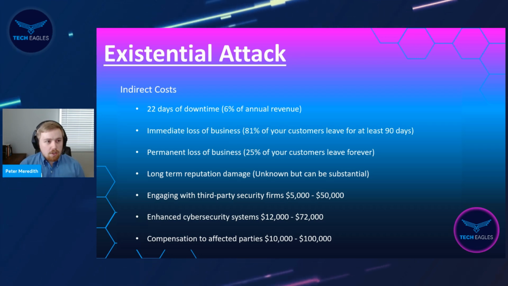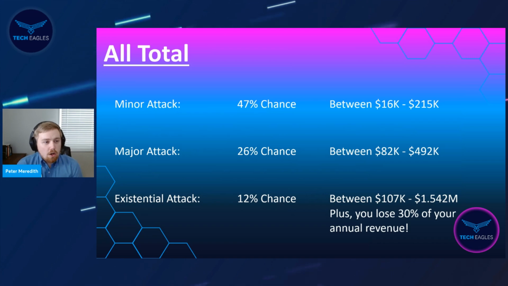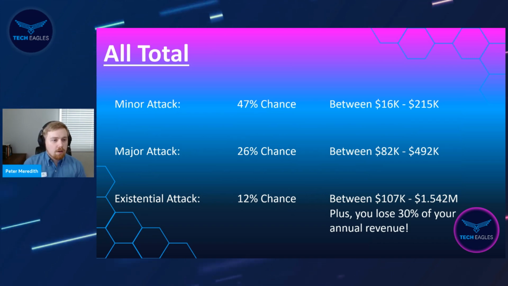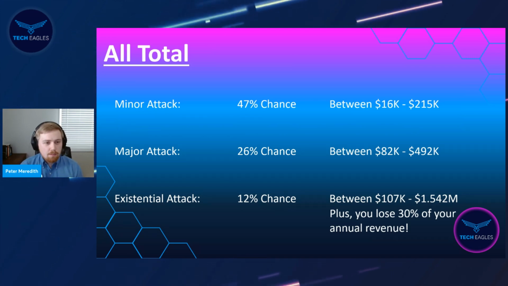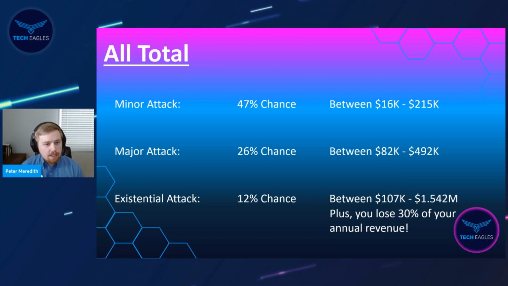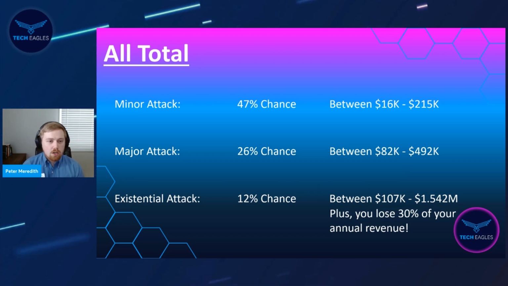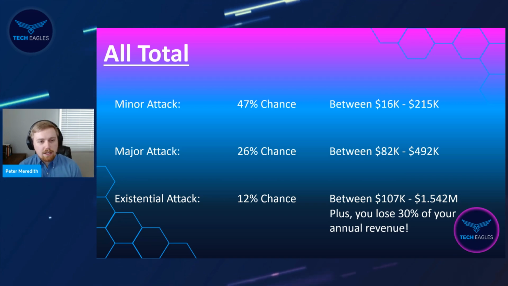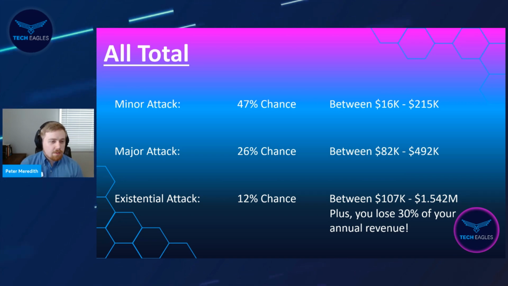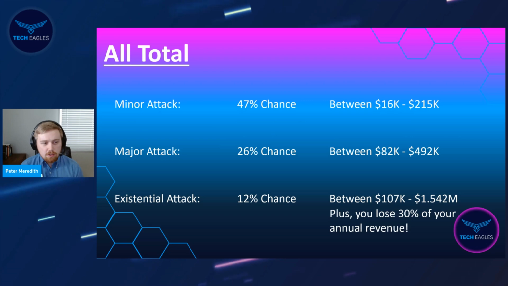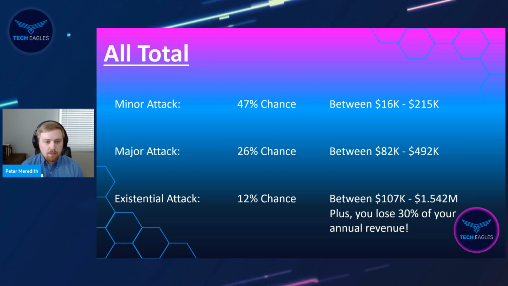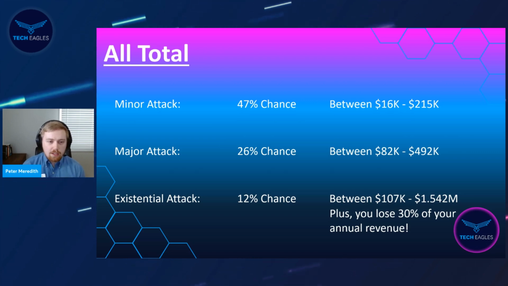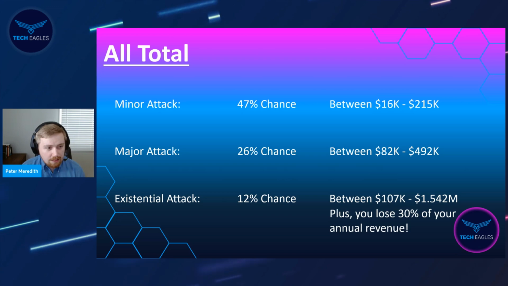With these numbers, you can see all in total, there's roughly a 47% chance that you would have a minor attack, and it could cost you between $16,000 and $215,000. A 26% chance that if you're hacked, it's a major attack, and that's between $82,000 and $492,000.